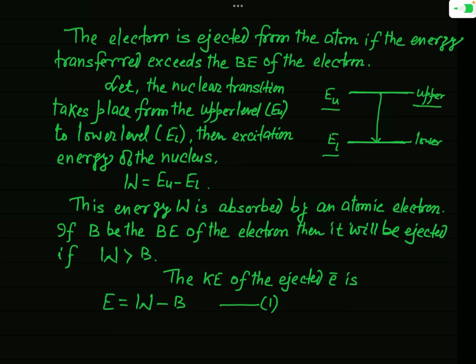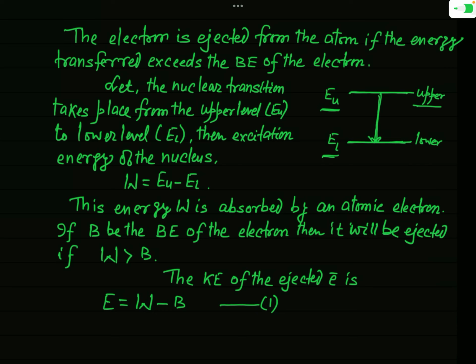Now consider that the nucleus suffers a transition from the upper level to the lower level. In that condition, energy equal to the difference of EU and EL will be emitted. Okay, and that is actually the excitation energy, you can say.